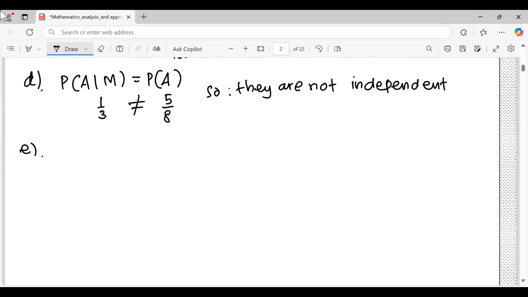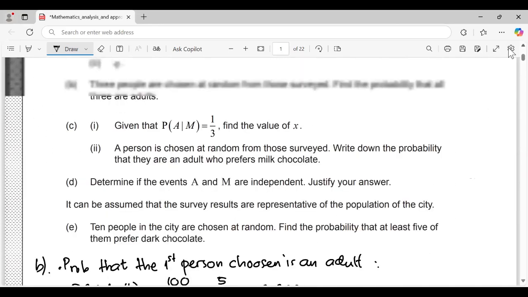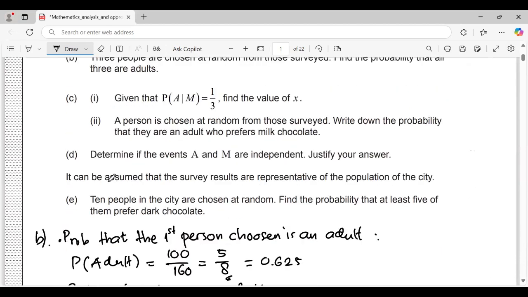E. It can be assumed that the survey results are representative of the population of the city. 10 people in the city are chosen at random. Find the probability that at least 5 of them prefer dark chocolate.